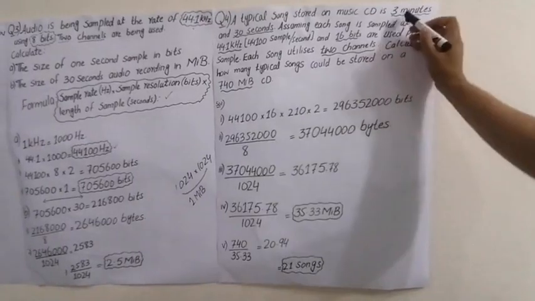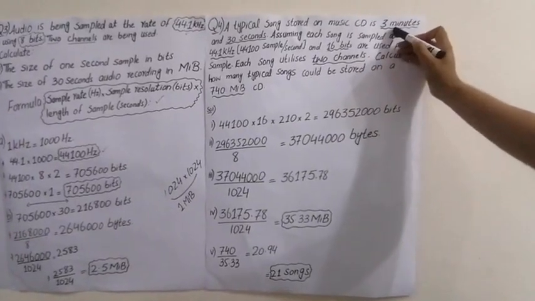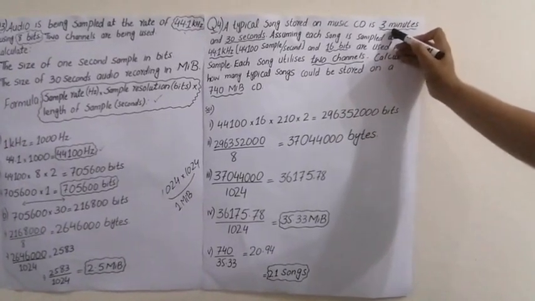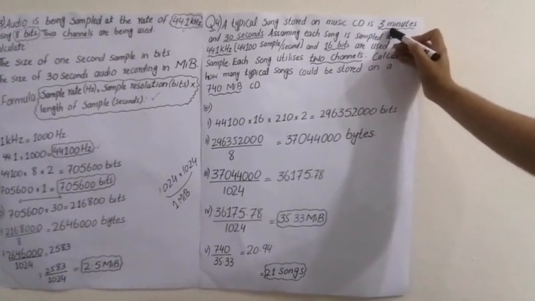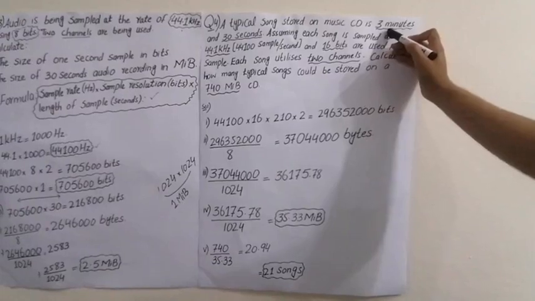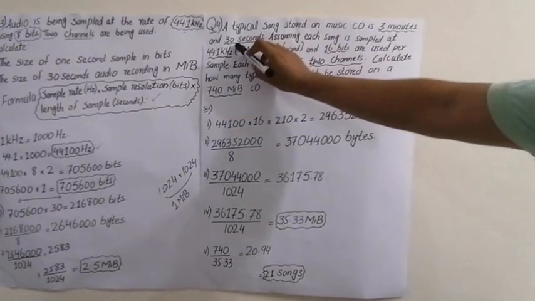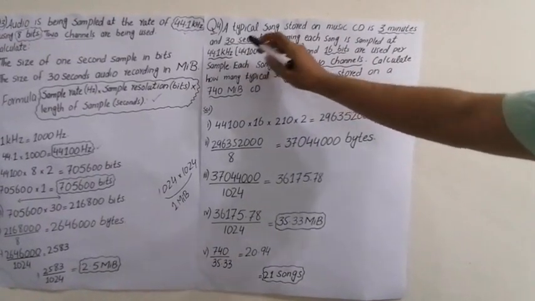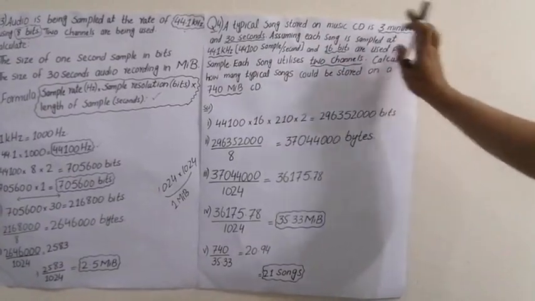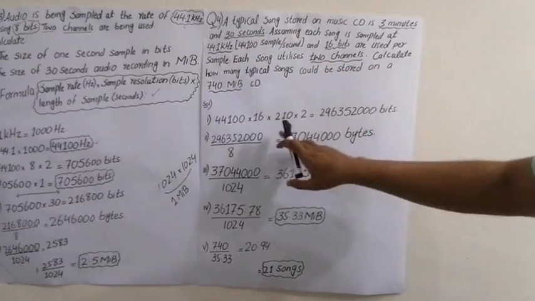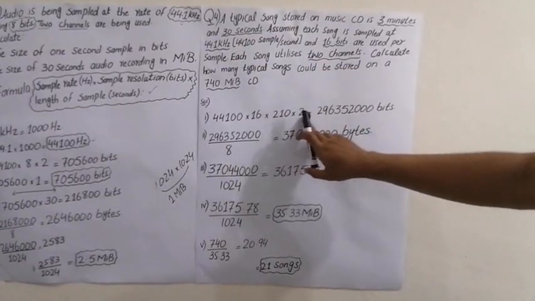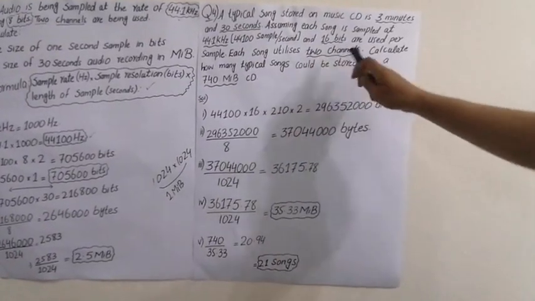So we have 3 minutes. If we convert 3 minutes into seconds, that is equal to 180 seconds, right? Because in 1 minute we have 60 seconds, and 30 seconds are also given here. So 180 seconds of 3 minutes plus 30 seconds is equal to 210 seconds, and this 2 is for these 2 channels.